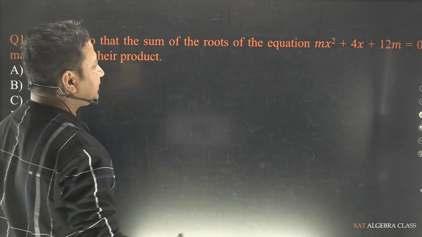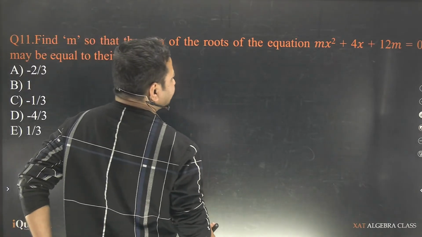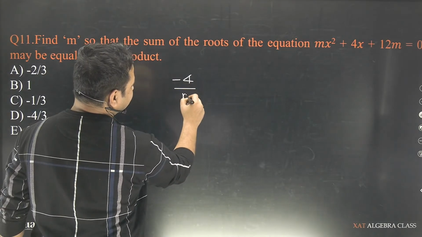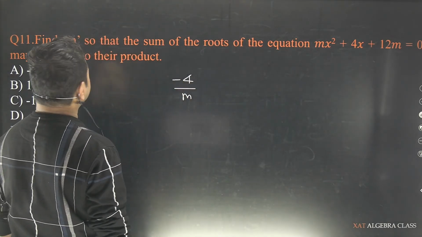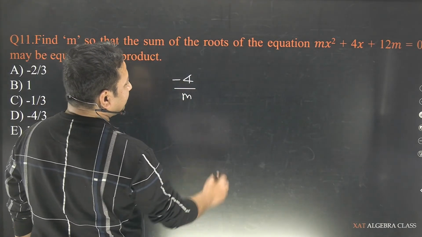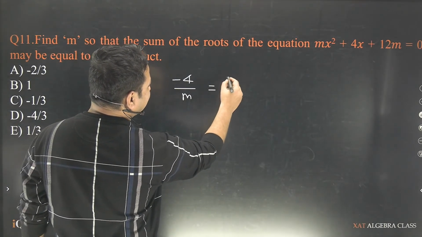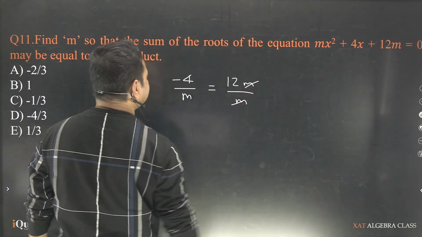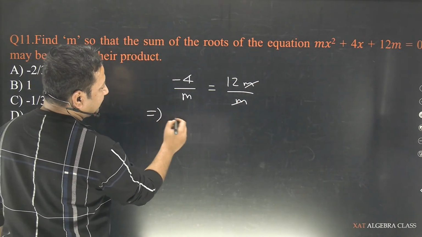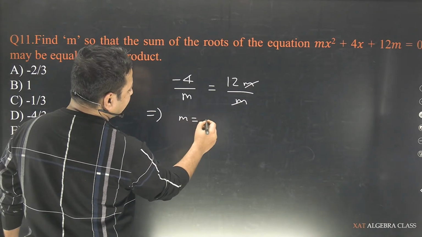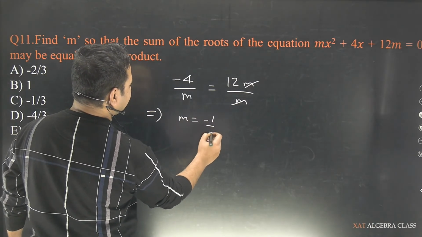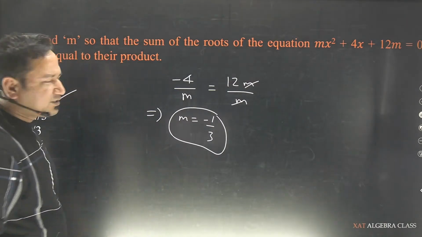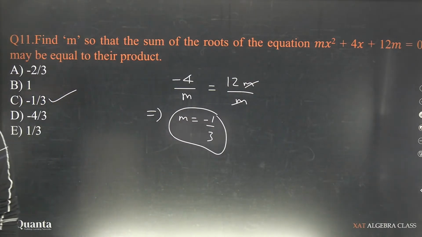Sum of roots is minus b by a, so minus 4 by m. Product of roots is c by a, so we have 12m by m, that is 12 only. M and m will get cancelled. So m is equal to minus 1 by 3. A very simple question. Very basic question, I must say.